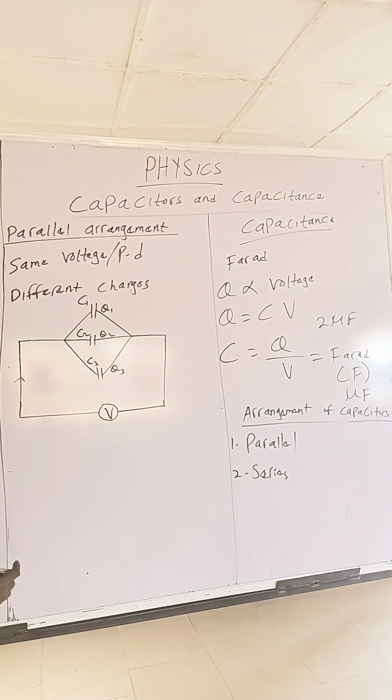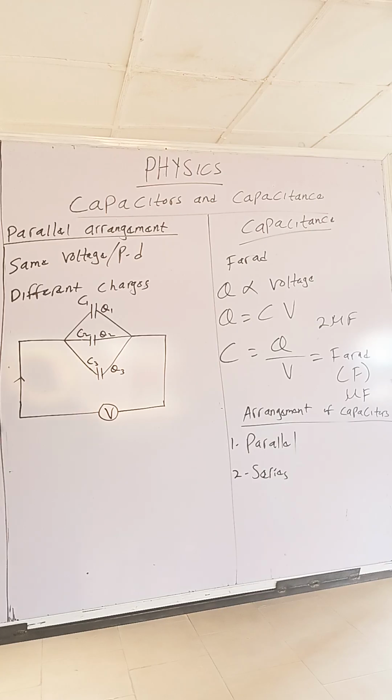So from here, we can say they have the same voltage or potential difference across them, but different charges. Capacitor 1 has its charge Q1, capacitor 2 has its charge Q2, and capacitor 3 has its charge Q3.